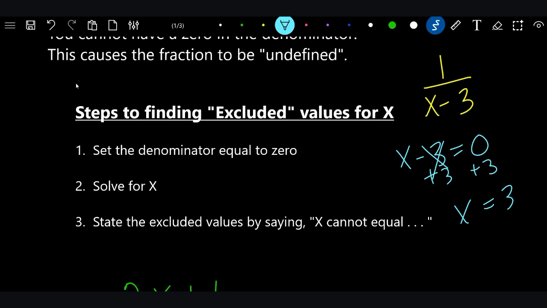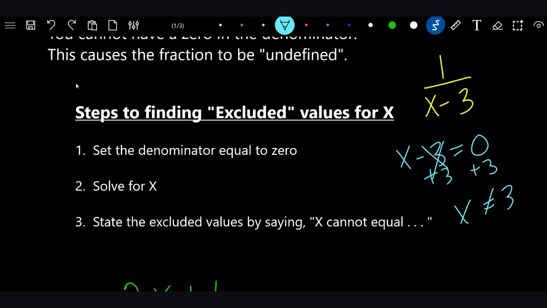Now, I want to show you a new sign. This is equals, right? We've been using that for years. If you put a slash mark like that through there, you are saying x cannot equal. So if you will write it like this, either using words x cannot equal or using the symbol x cannot equal 3.